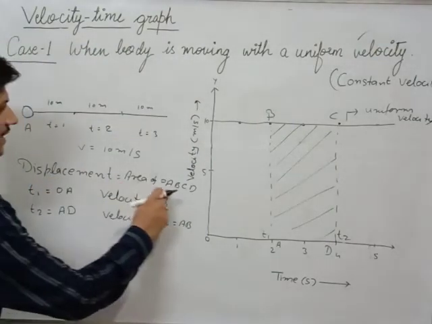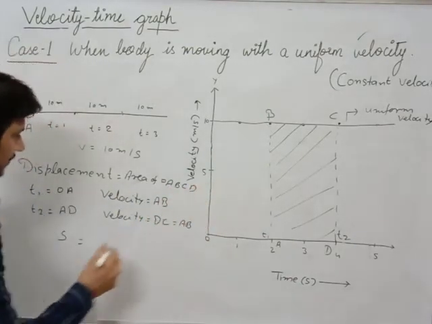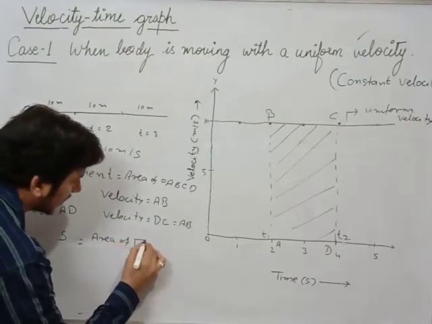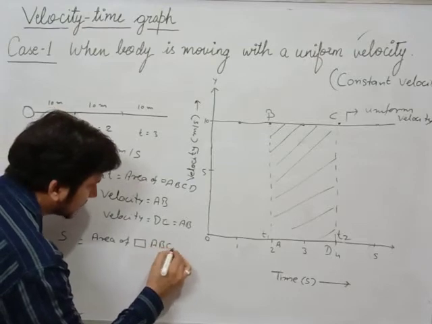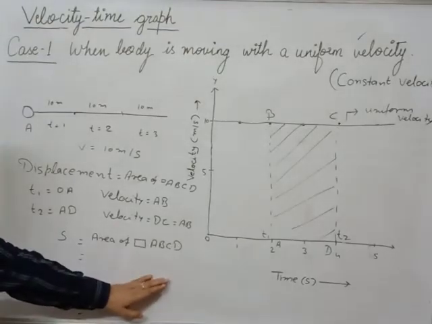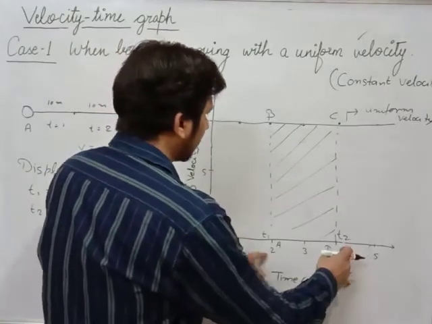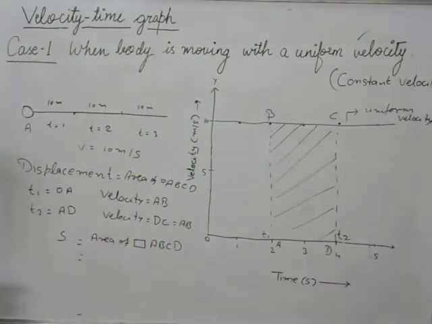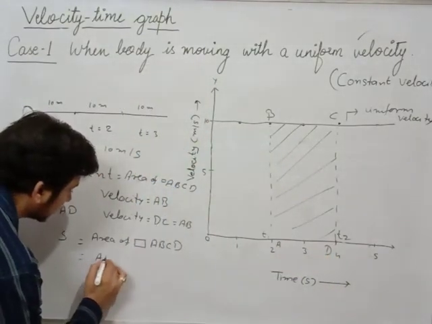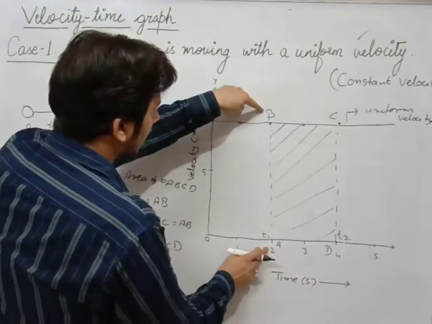Now displacement S equals the area of rectangle ABCD. The area of a rectangle is breadth into length. So the breadth will be AD into AB.